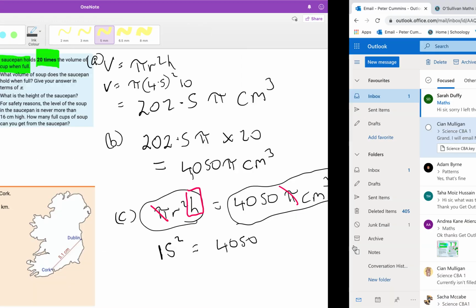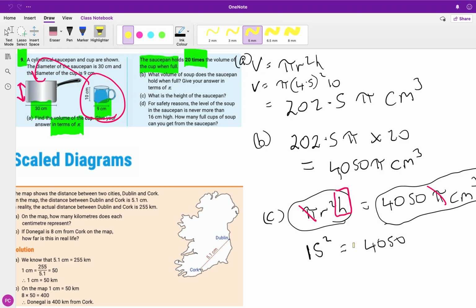15 squared h is going to be equal to 4050. Okay, so what you can do then is, like if you have 2h equals 4, leave the h on its own, and you're going to have 4050 divided by 15 squared.